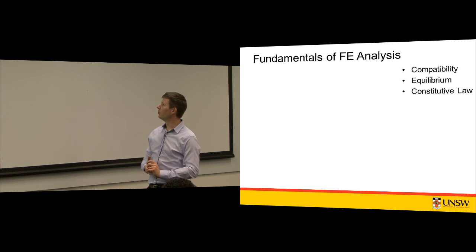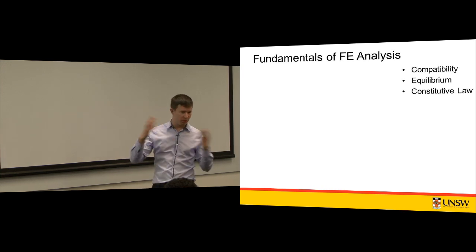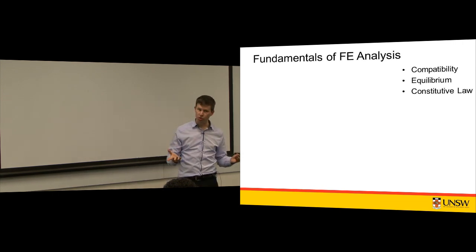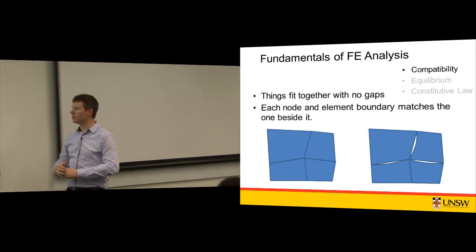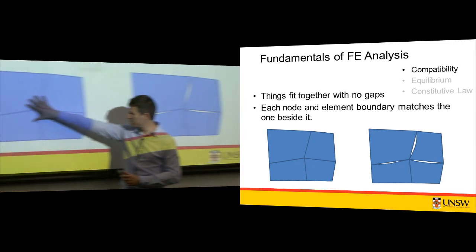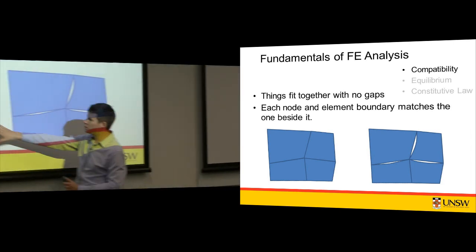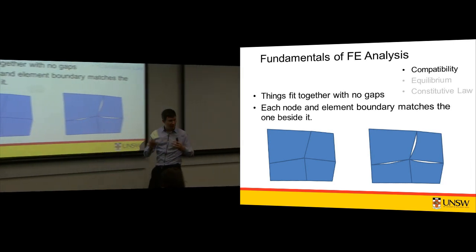Yeah, so when I say you can get almost any field variable across a spatial distribution, what things need to be true of that variable, and one is compatibility. So when we come together as nodes, so this is considered a compatible mesh, this one is not compatible, right? So the nodes and the edges have to be compatible from one element to another element.